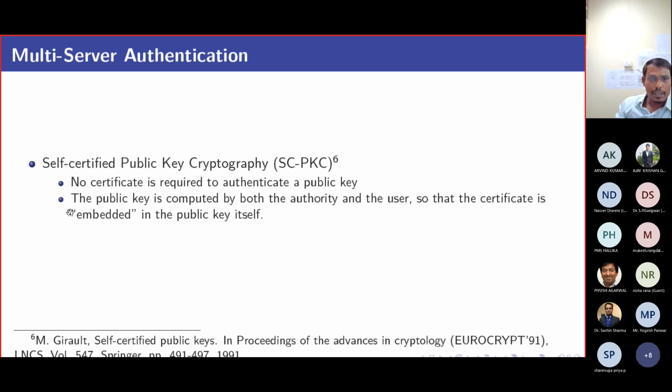During registration, or what you can say the key extraction phase, both the user and the third party will cooperate with each other, do some computation, and create their own certificate so that it can be verified by the user as well as the third party.